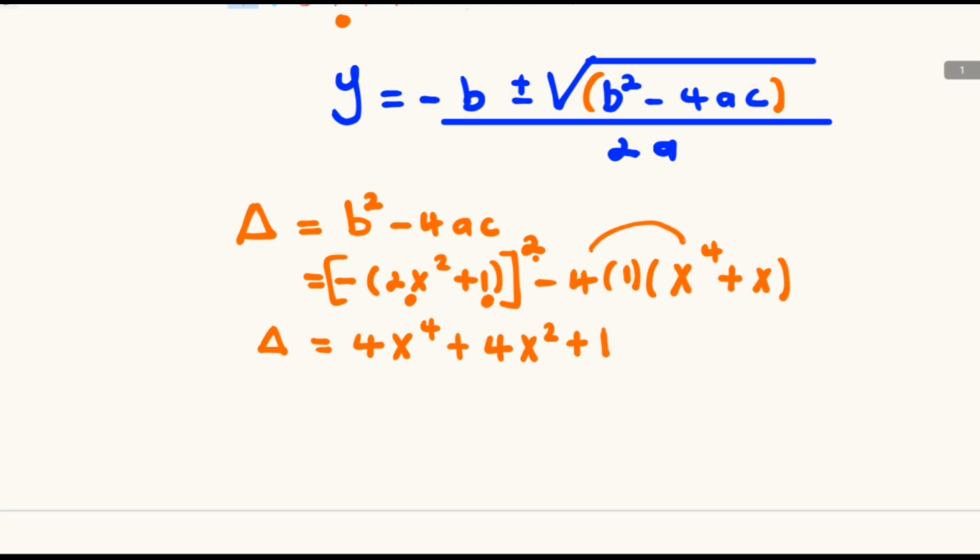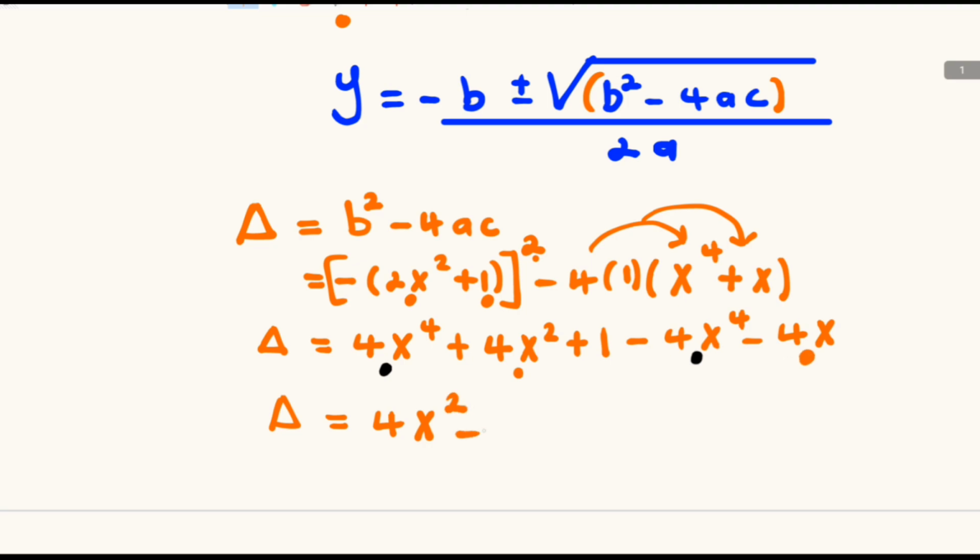We distribute the negative 4 inside the parentheses, and we'll have negative 4x to the power 4 minus 4x. So our discriminant will be equal to the 4x to the power 4 minus that 4x to the power 4 will be equal to 0, and we'll be left with the 4x squared minus 4x plus 1.